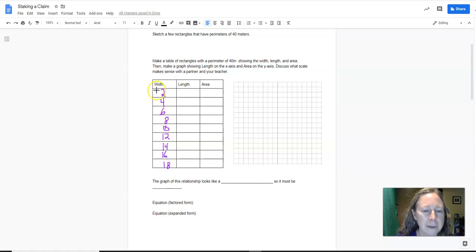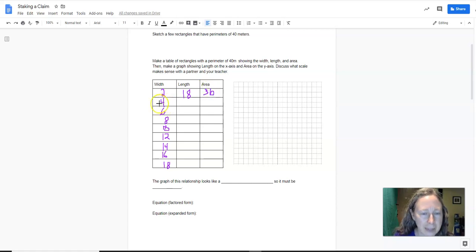Okay, and if we want to be fancy, we could add the 0 on this end and the 20 on this end, but they end up being pretty trivial rectangles. So if the width is 2, the length has to be 18. And then the area in this case, 2 times 18 is 36. So we put that there.